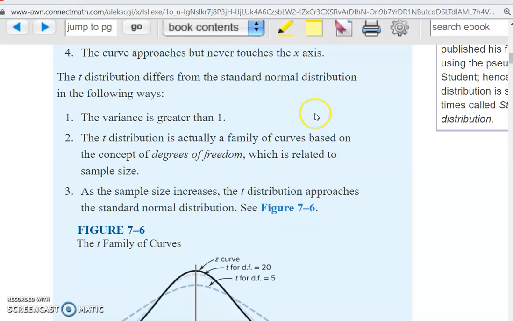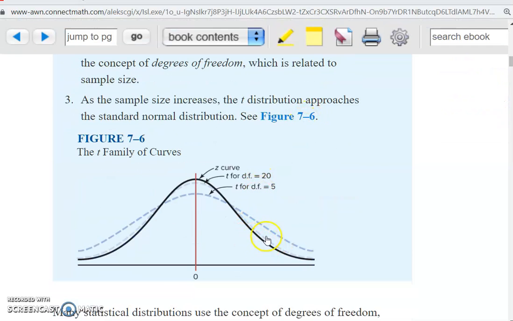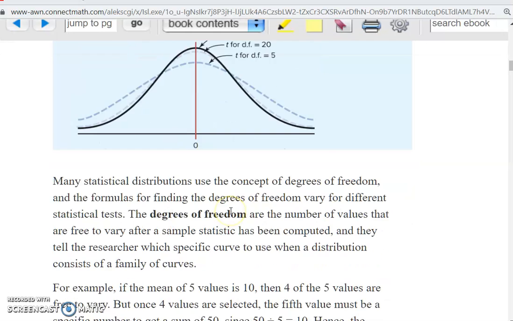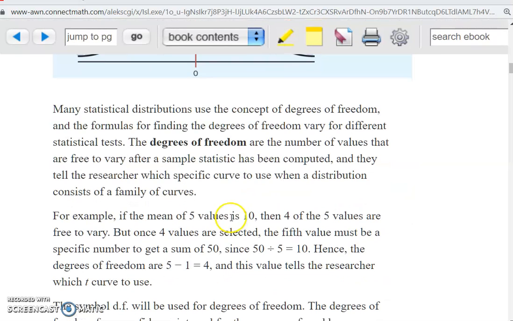What I want to tell you is that as the sample size gets bigger and bigger, the t distribution starts to look more and more like the standard normal distribution. So here, the black curve is a standard normal distribution. This dashed blue line is the t distribution. And depending upon the degrees of freedom, as you can see, it gets closer and closer to the z distribution. Okay, so I want to explain what degrees of freedom is, but let's save that for the next tape.